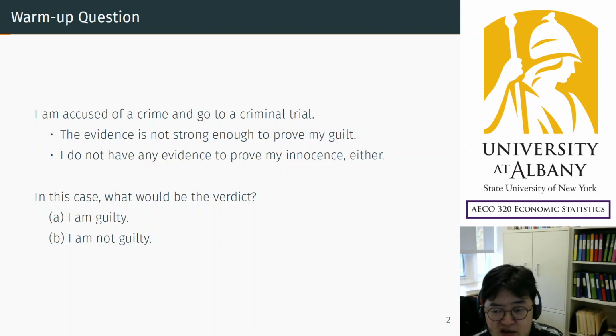On the other hand, I don't have any alibi either, so I don't have any evidence that I was not there. So either side does not have enough evidence to make sure whether I am the criminal or not. In this case, according to the legal system, what should be the verdict?